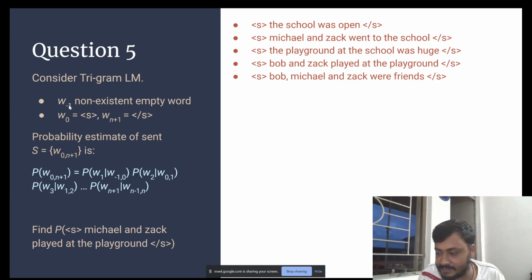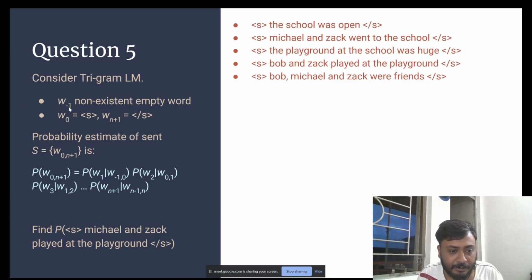Why it's there, I'll come to it, but just consider the first sentence. Then what they are saying is this is w1, the is w1, and /s is w0, and there is an imaginary token over here you can consider, which is w minus 1.